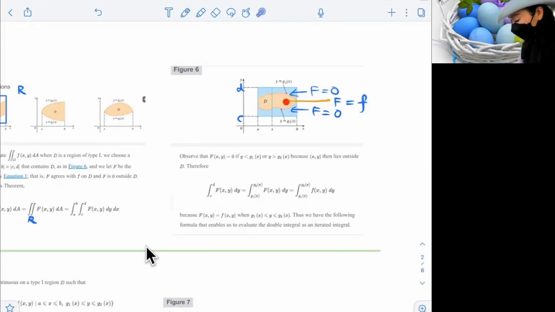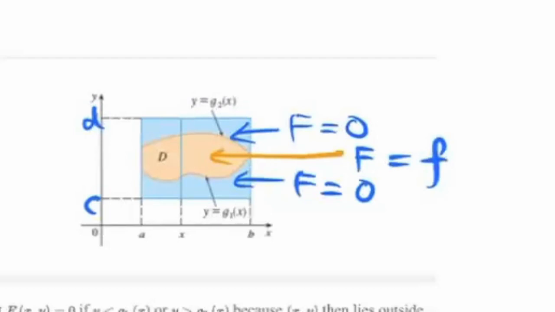So that's how we define the big F function, right? In this region, big F and small f agree, but outside that region, we make the big F function value 0. So in this blue region the big F function value is going to be 0.